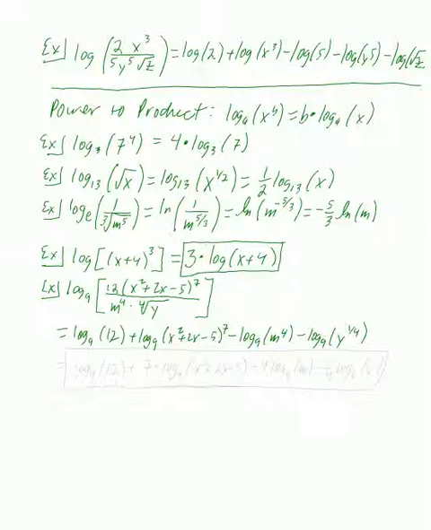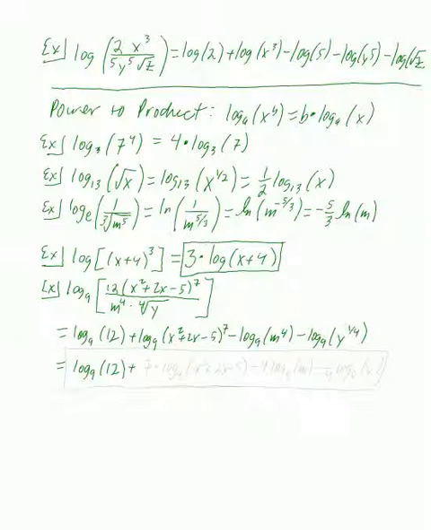So next up, I'm going to use the power to product rule, and all the exponents are going to come down. Log base 9 of 12. I could split 12 up into 2 times 2 times 3 and break that down further, but we're going to leave it as it is for now.